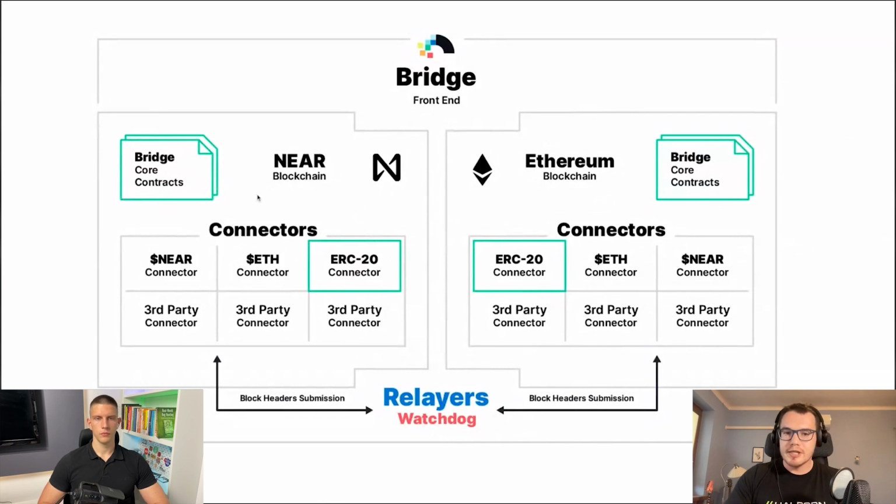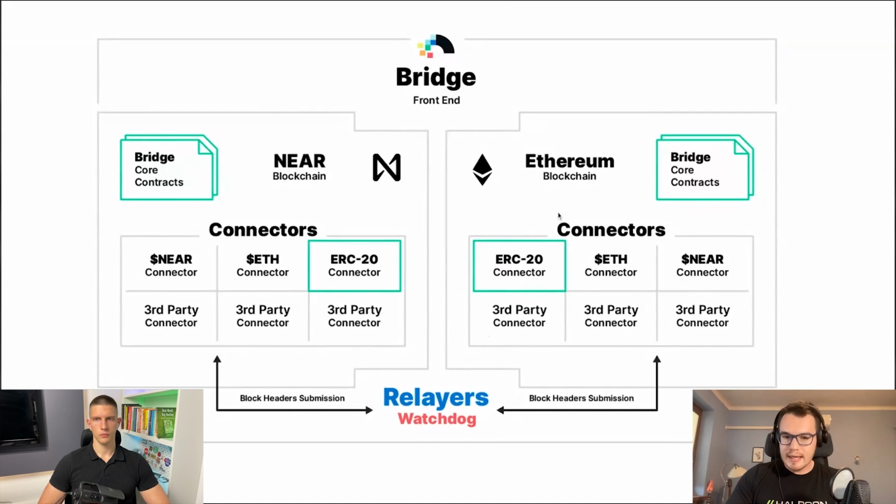We need to execute this transaction to let the left side know that we want to initialize this transfer. Then we need to wait a little bit, because relayers are synchronization services between the left and right side. After a little bit of time, they will let the other side know about new transactions, new blocks that were produced on this side, so that the other side is aware of them.